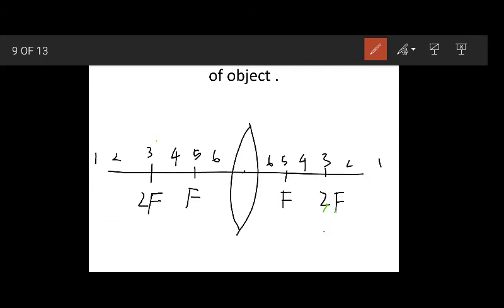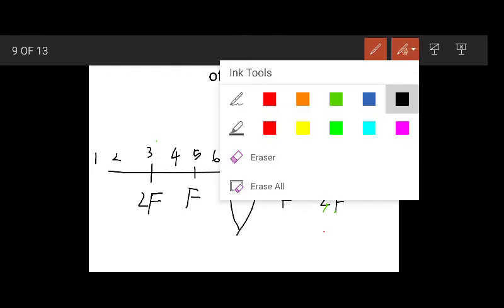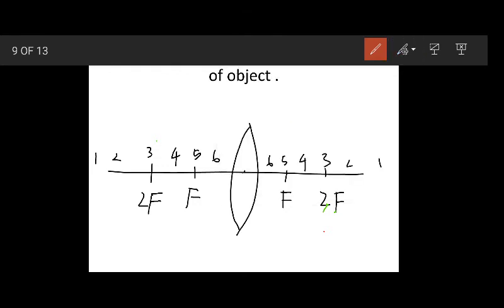So now consider the position of the object is number 4. Then the image will be formed at position 2. So now draw the ray diagram.